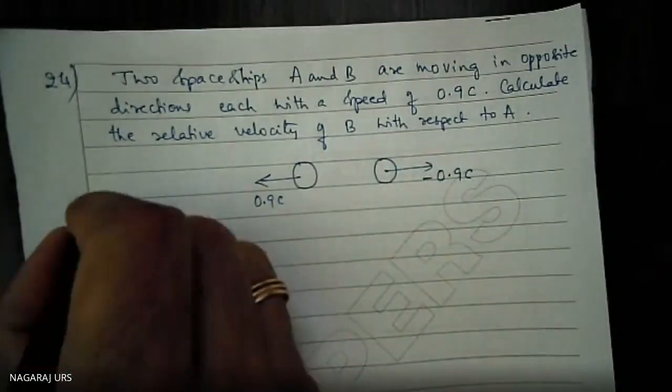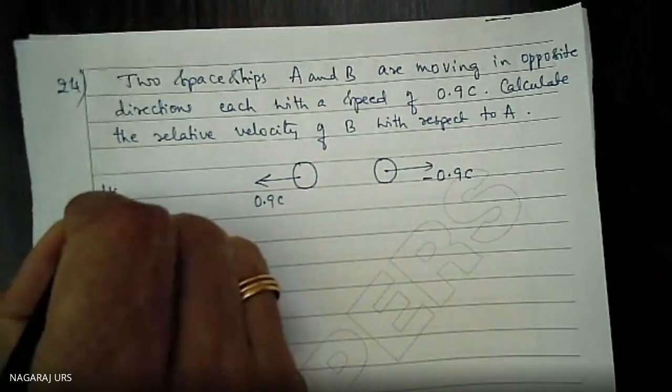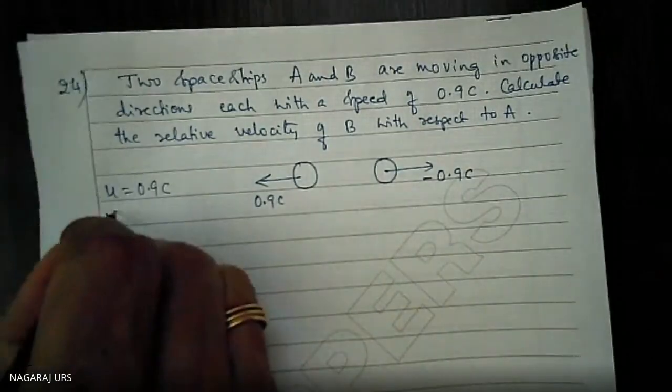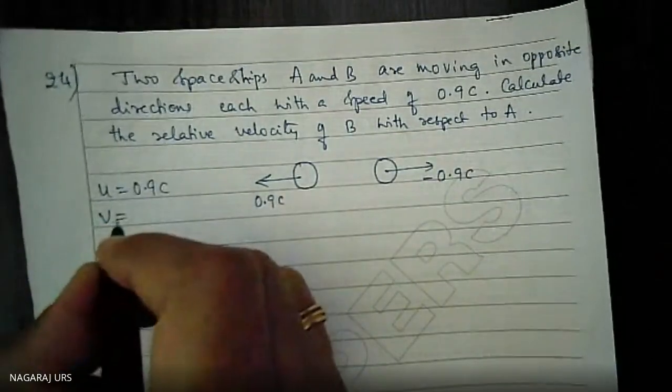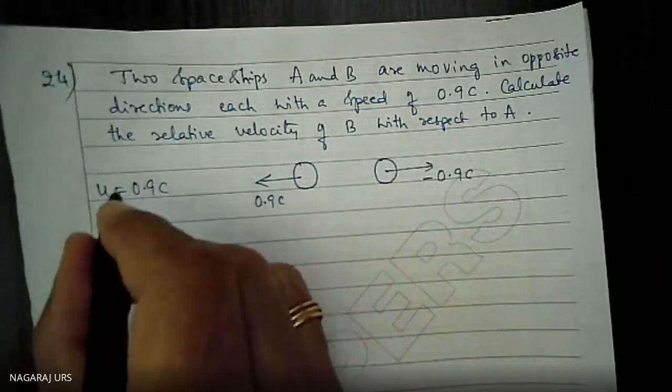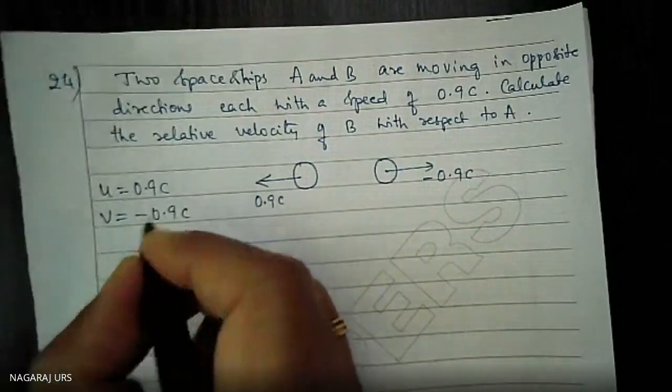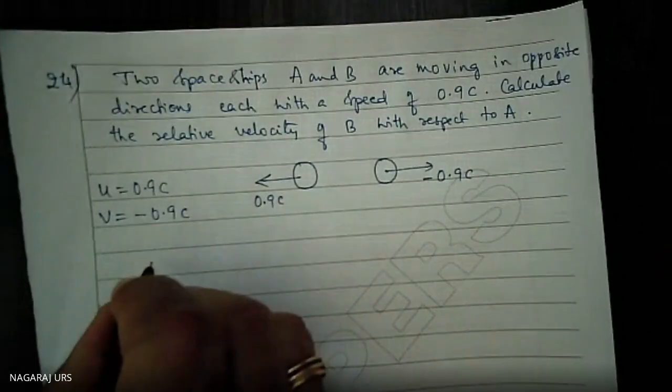Okay, therefore, given data, u is equal to 0.9 c. v is equal to, you take the theory portion and see what is u and what is v, you will come to know that. Minus 0.9 c. Relative velocity we are supposed to calculate.